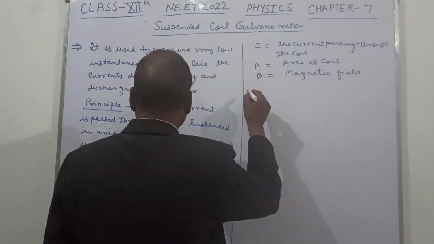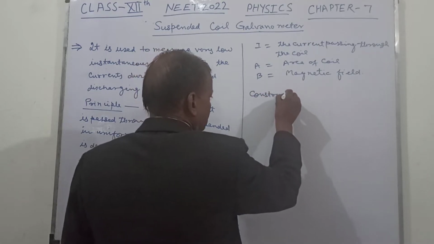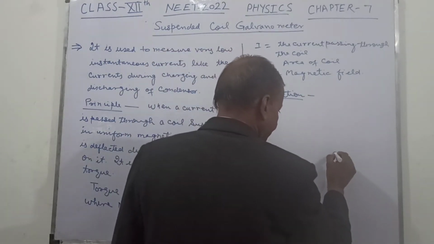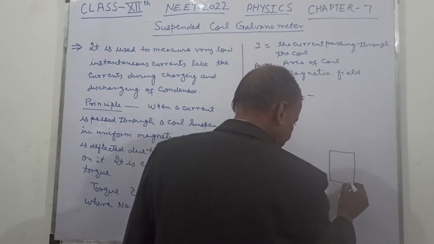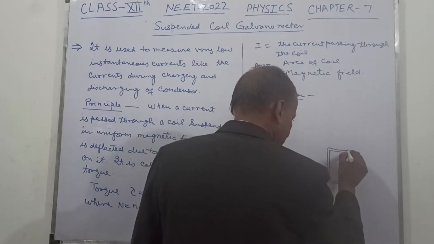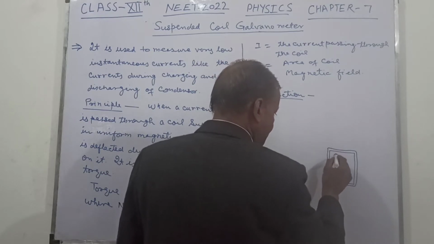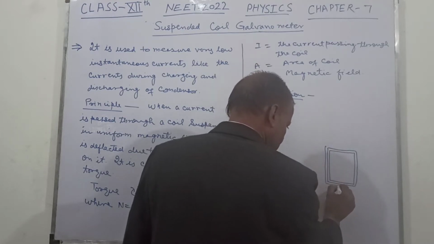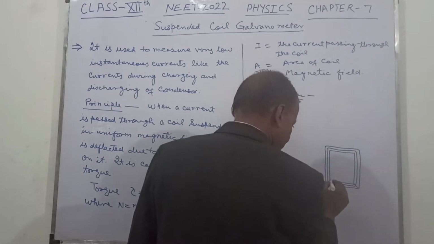So now we have the construction of this suspended coil galvanometer. Now this is a coil having a number of turns, this I have taken here.